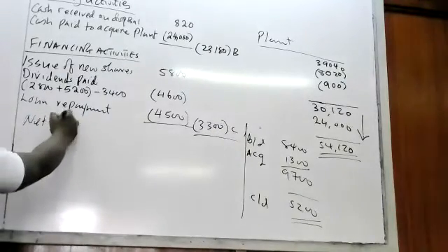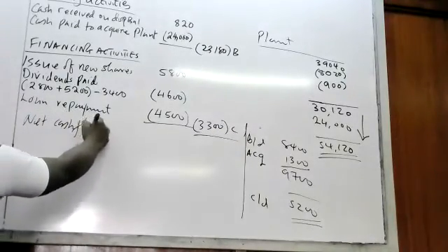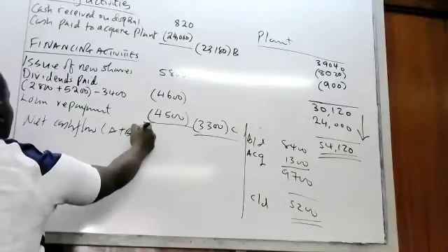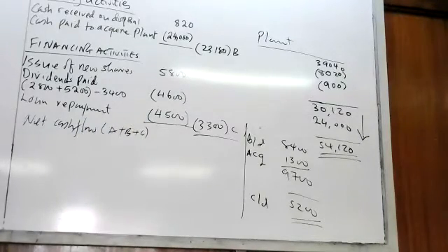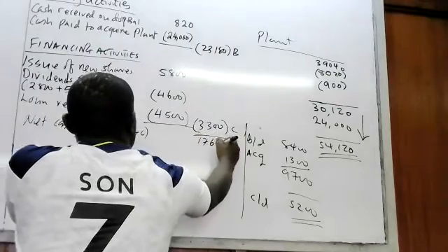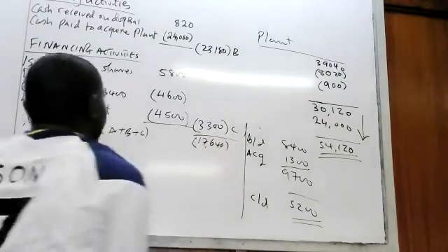Net cash flow is ABC. ABC is 8,840 minus 23,180 minus 33. Negative 17,76.